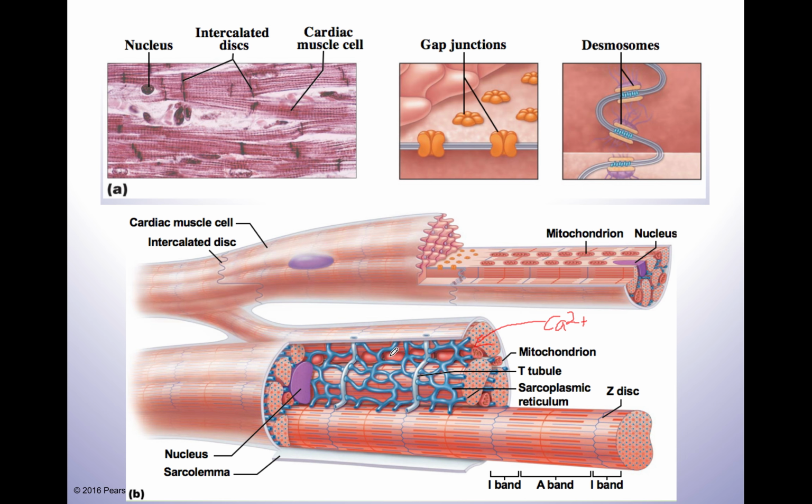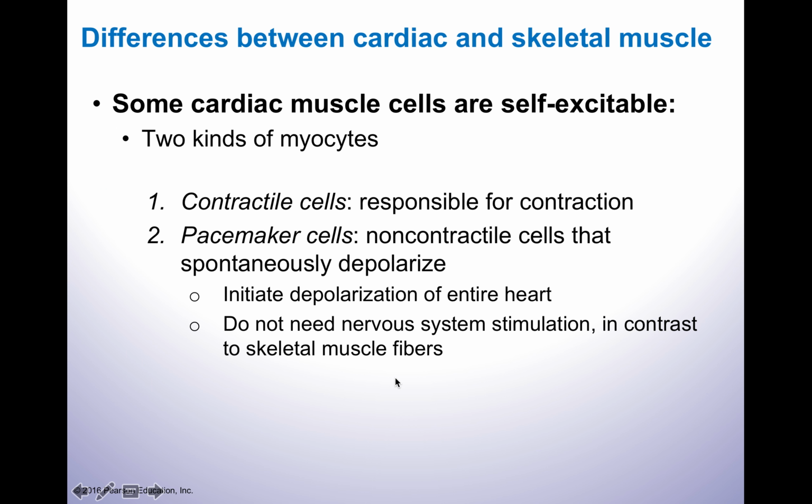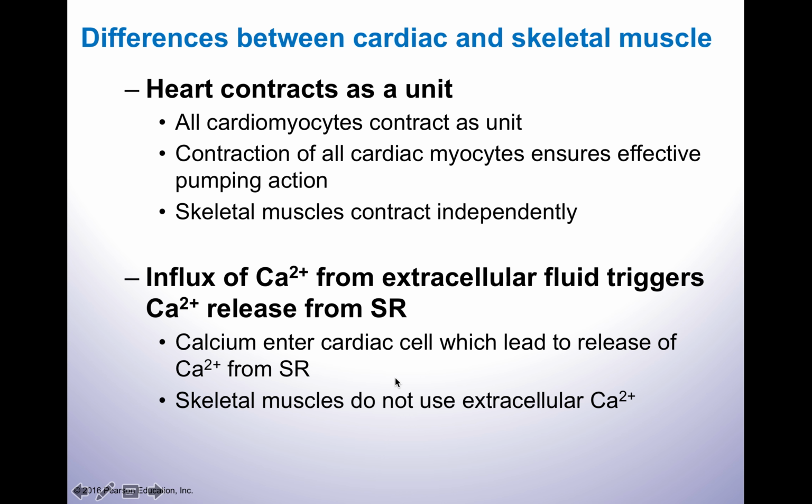And when I bring that calcium, then I cause release of calcium from the blue tubes, which are the sarcoplasmic reticulum, into the inside of the cell. So there are 2 levels of calcium, from outside into the cell, and then from the sarcoplasmic reticulum into the cell. Skeletal muscle cells do not have the first calcium release. They have only the calcium release from the sarcoplasmic reticulum into the actual cell.